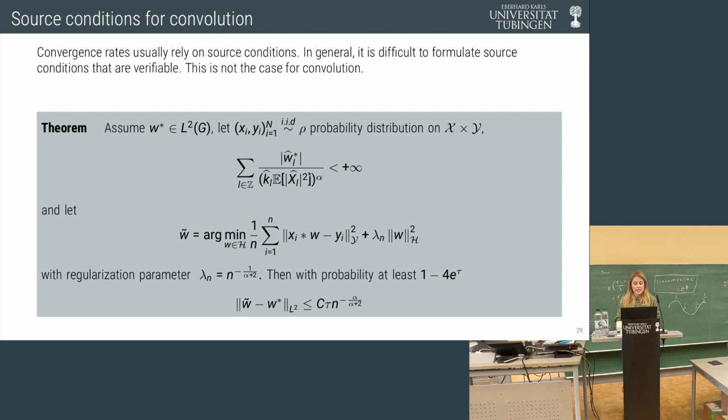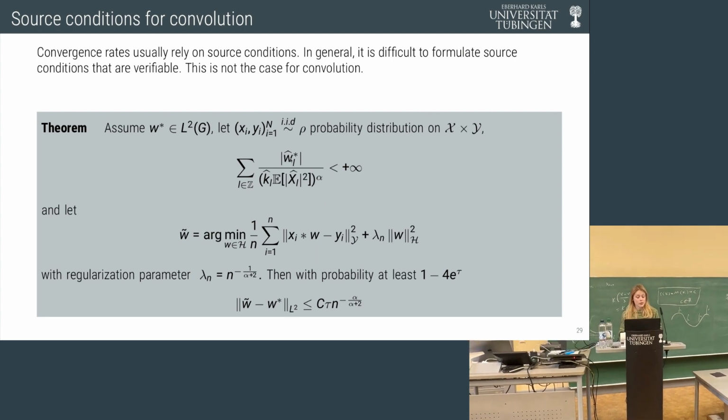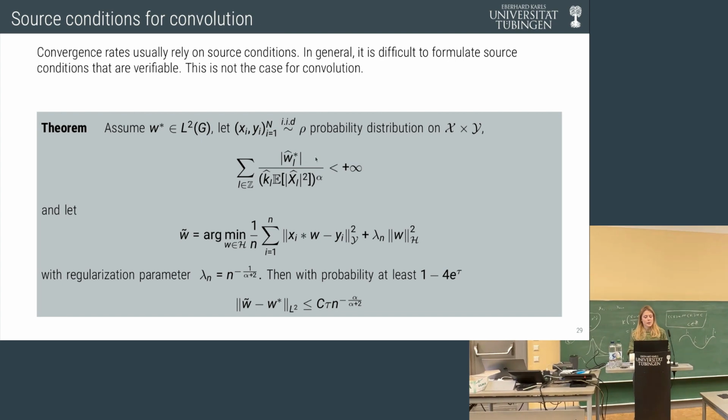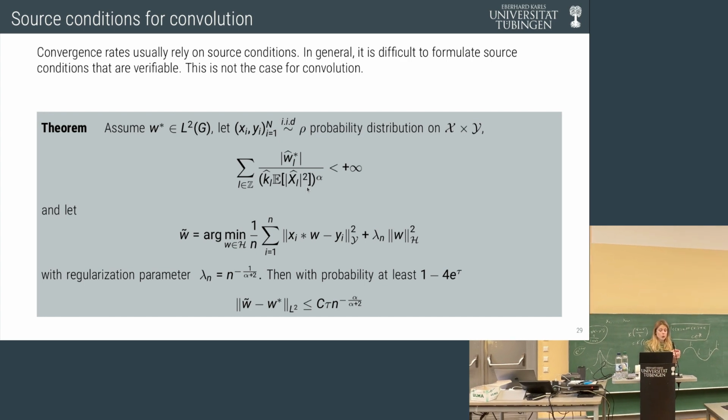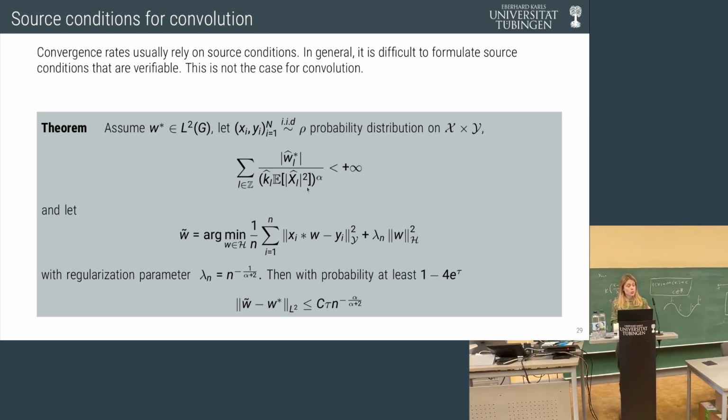You can actually see that what is normally in a very abstract form is tractable. So you can see that what will affect the convergence of the algorithm depends on the speed of decay of the Fourier coefficients, or the Fourier transform, of your true function compared to the ones of the kernel that you've chosen, but also of the distribution on your inputs.